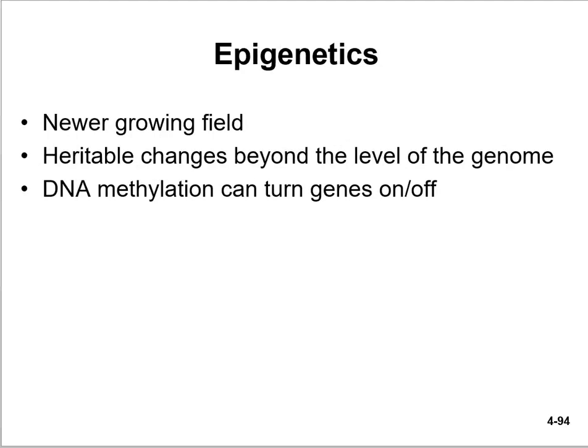A newer, growing field is called epigenetics. Epigenetics means heritable changes that are beyond the level of the genome. We're just beginning to study and understand this, but it's not always just about the code of DNA or mutations.